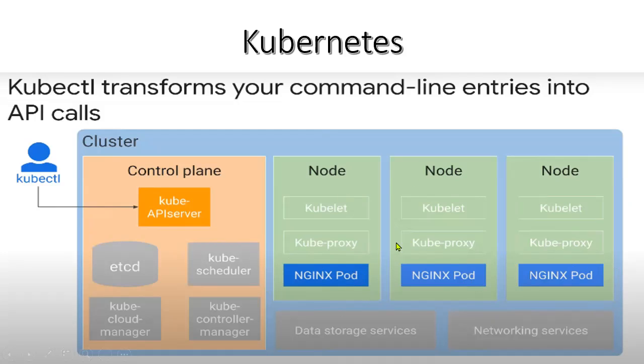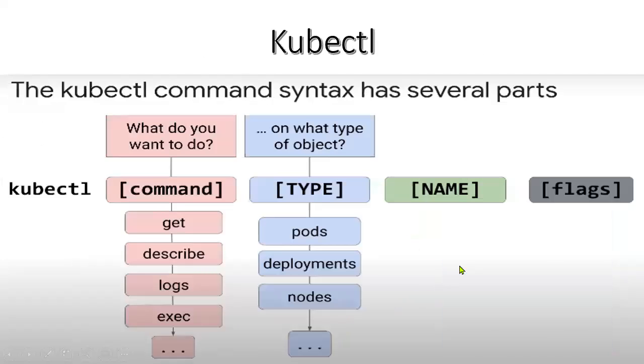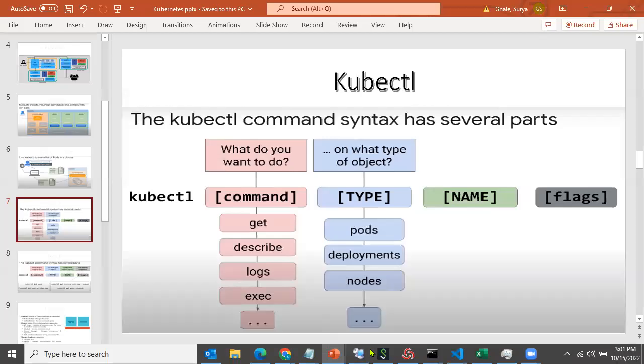So we'll create an object which is called a replica set. That replica set will have 1, 2, 3 Nginx pods running always. So let's go and see the replica set.